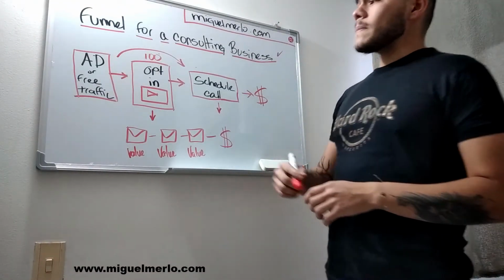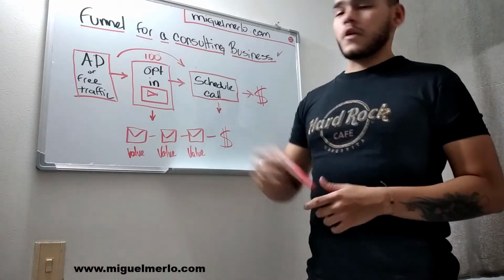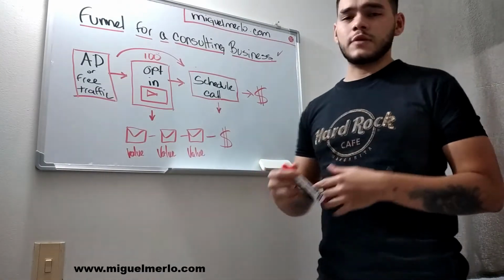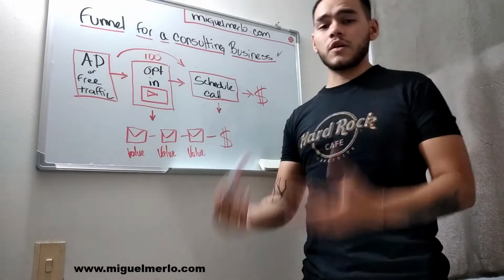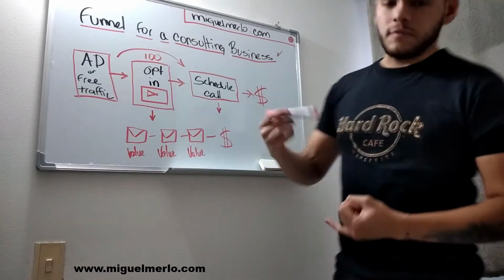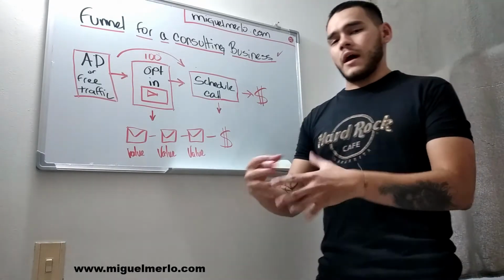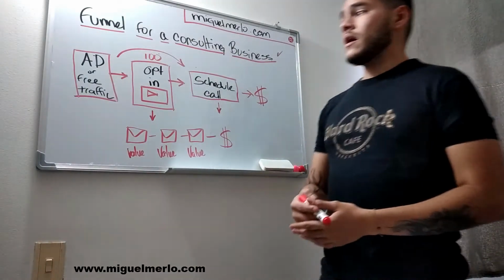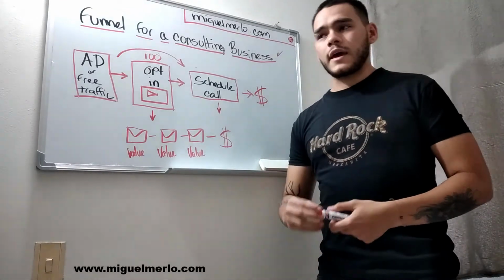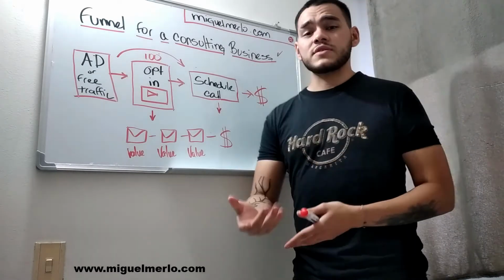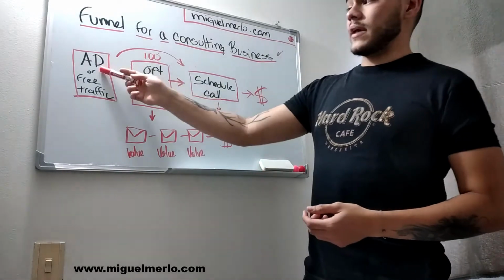So you're going to first focus on the ads, or you can get the free traffic. Free traffic means that you will create videos, you will create content in YouTube, in Facebook, in Instagram. That can be a way to create free traffic. But if you want to scale things and have faster results, you can go with the paid traffic.